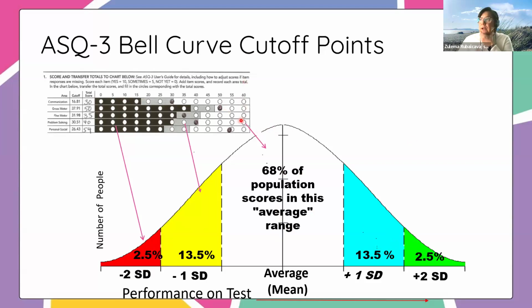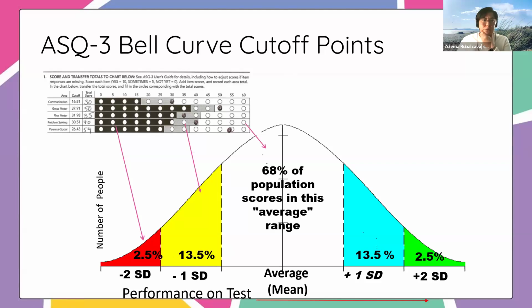So this unshaded area is just here. What we call the monitoring zone, this gray shaded area, is here. And this darker shaded area is here, right? So this is where we want to start and then have conversations to see how we can support these kiddos to try to move them back over here.